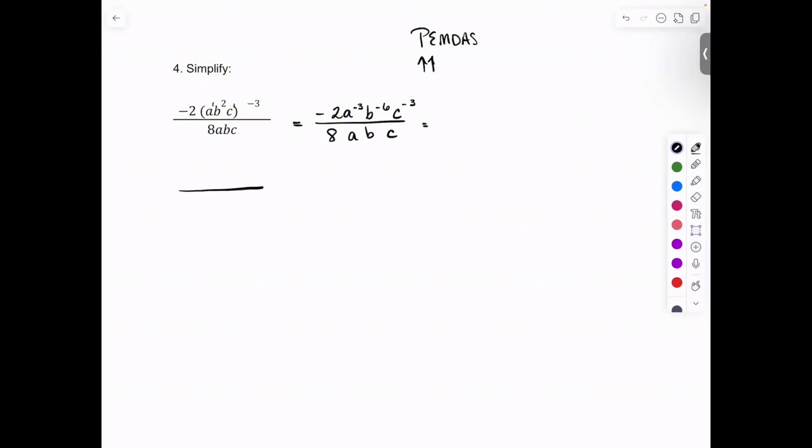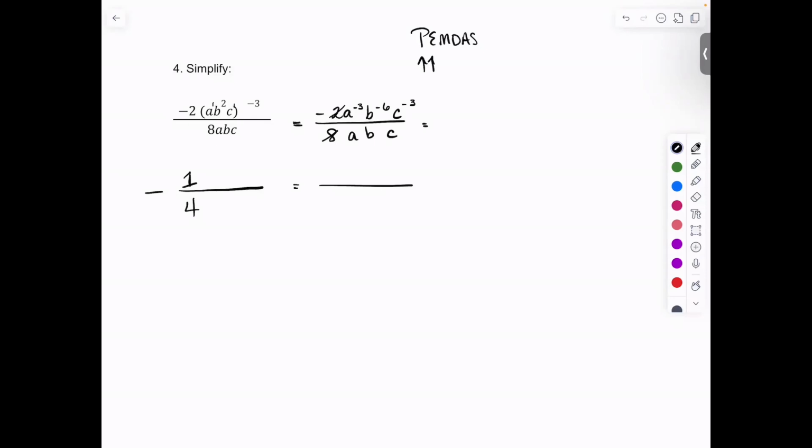We have some more cleanup to do. We'll probably have negative exponents here as well. All right, so I'll go ahead and reduce that 2 and that 8. So we'll have a 1 and a 4. We'll have negative out front, 4 on the bottom. And I'll just put the 1 there for clarity, but eventually I will drop it.